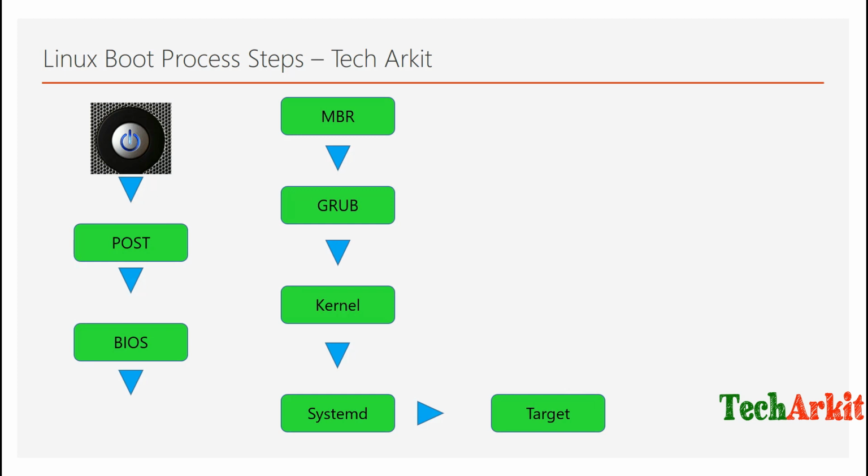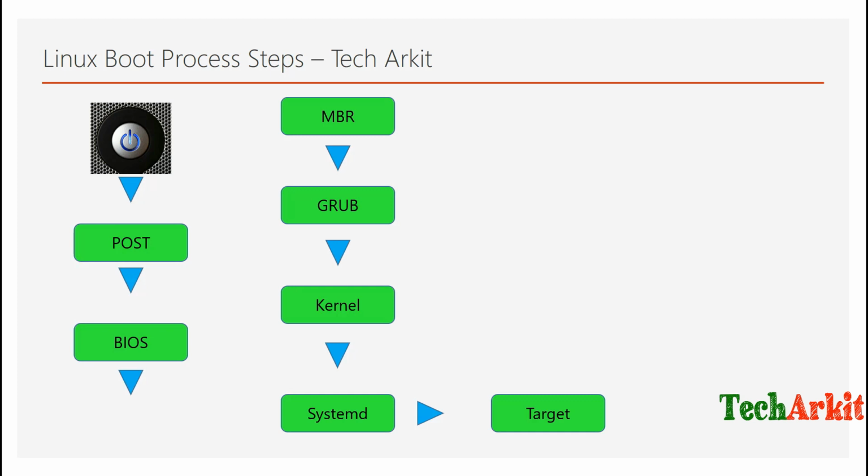For example, the target may be set as a GUI target, or a CLI target, or an emergency target, or whatever target you set. If it is GUI or CLI, then its associated services will be started on the target one by one, and all the services' status will be verified. If any failed, it will retry. Sometimes if it is not able to retry, then it will skip that one, keep it in failed mode itself, and go to the next one.